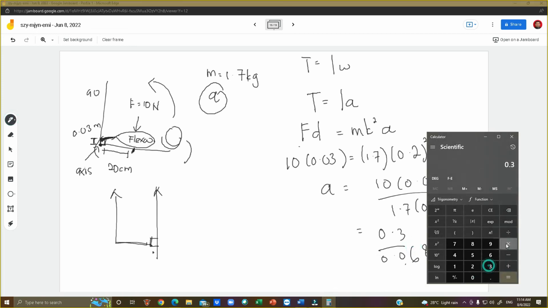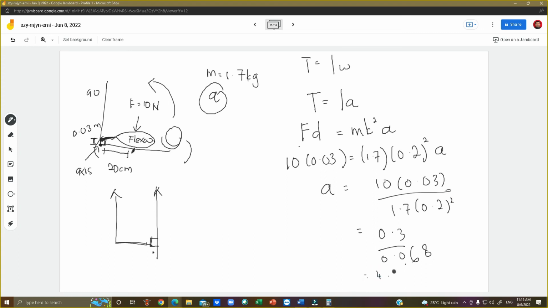Jadi 0.3 bahagi dengan 0.068, we have 4.4 radian per second square. Meaning that by giving 10 Newton at the flexor, the hand is going to accelerate. Okay, the rotation is going to accelerate at a pace of 4.4 radian per second square.